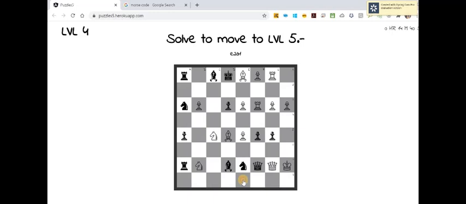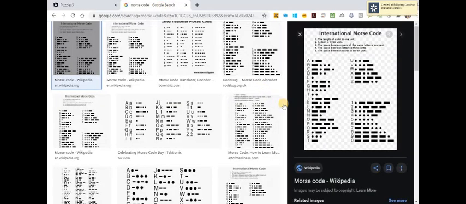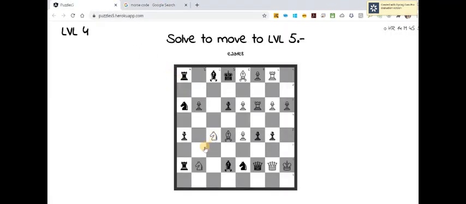Now the last pattern is somewhat related to the second row, but black is first, dot dot and dash.